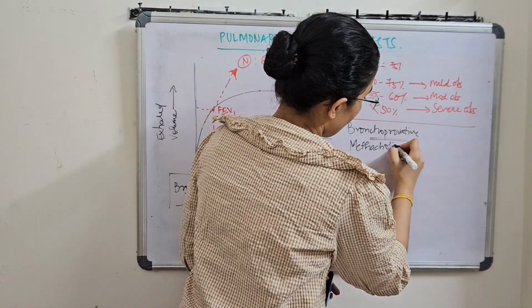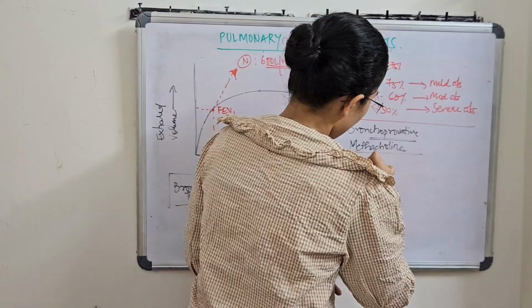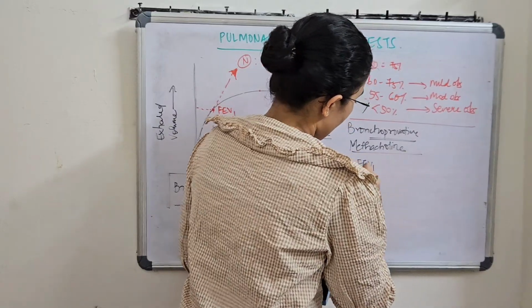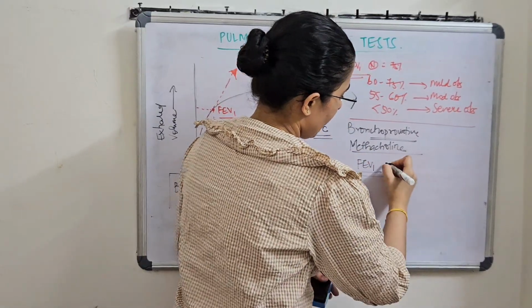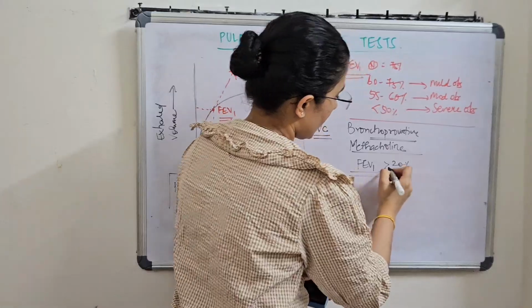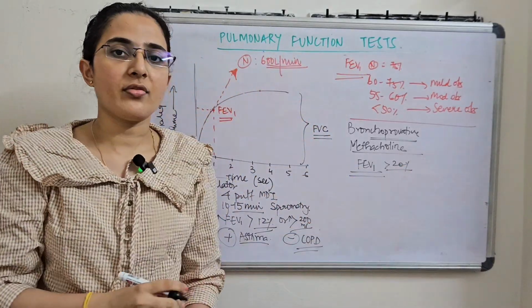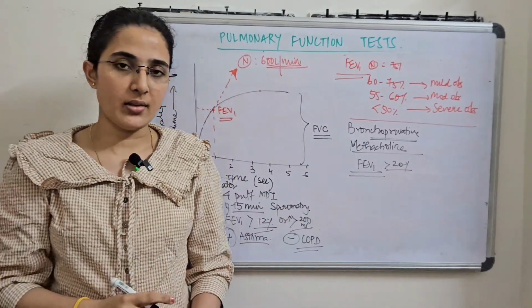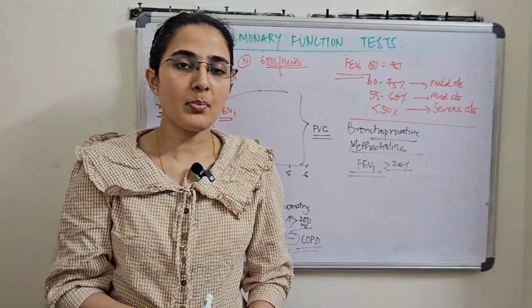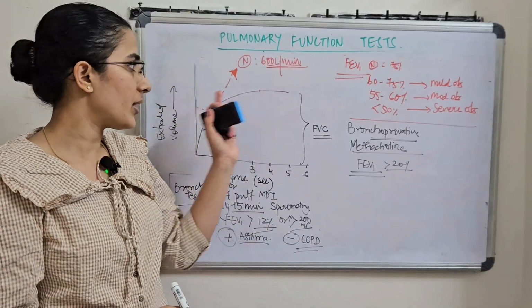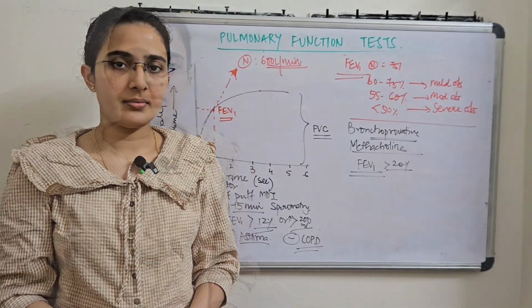After giving this, we check the FEV1. If there is a decrease in FEV1 by more than 20%, then it is positive for a hyperreactive airway. So these are the important things which we derive from the FVC curve.